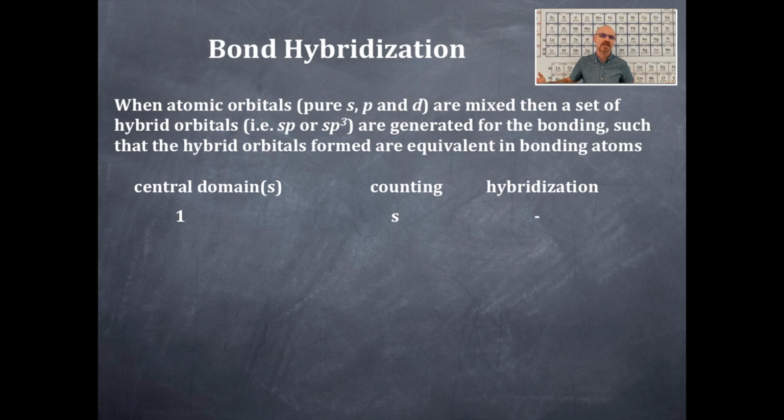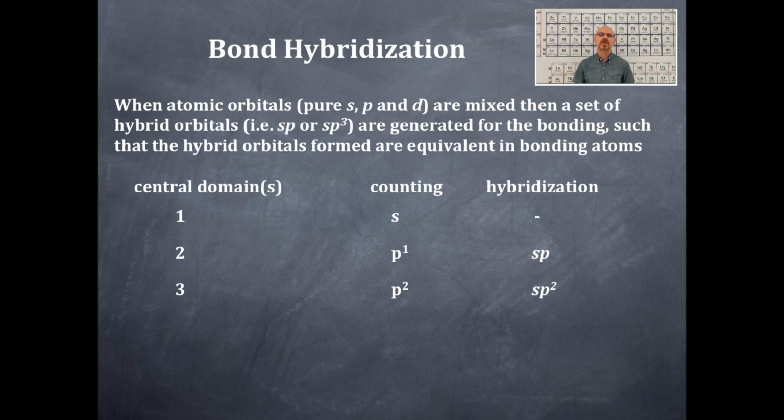There's no hybridization because you haven't combined an s with another type of orbital. But when there are two things around the central domain, then you have sp hybridization. You're counting from the top down until you get to what you want. In this case we have sp1, we don't write the 1, and it's just sp.